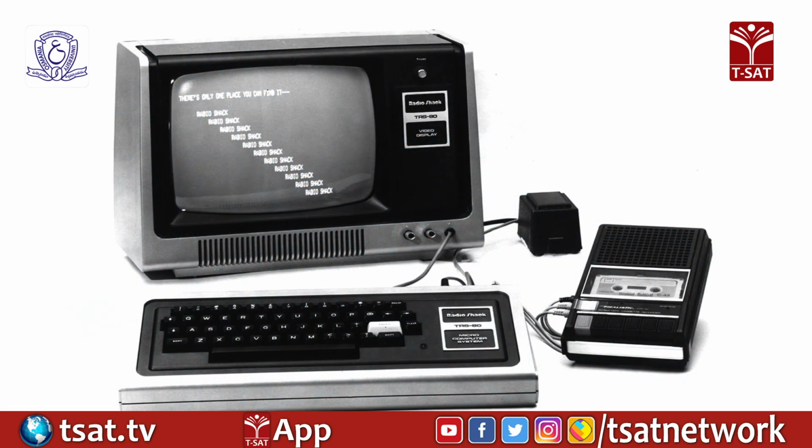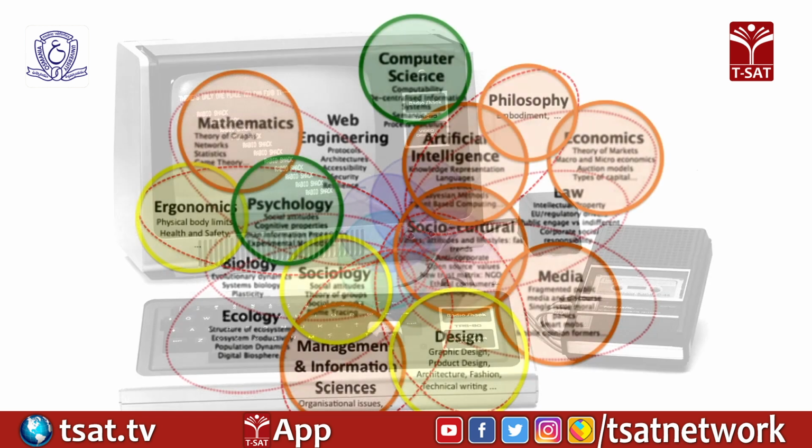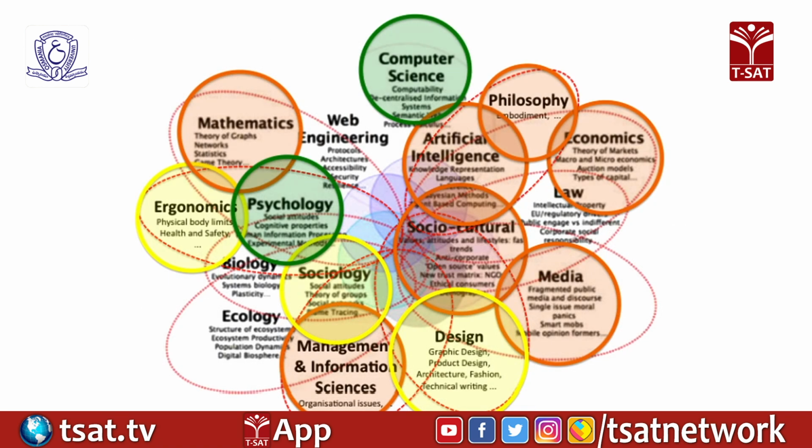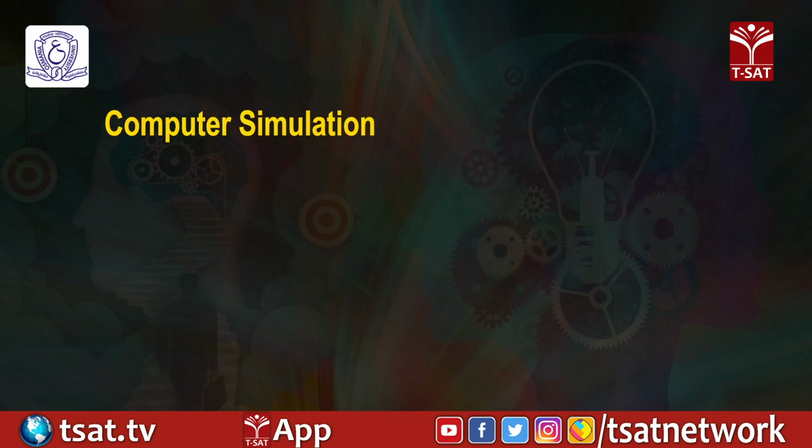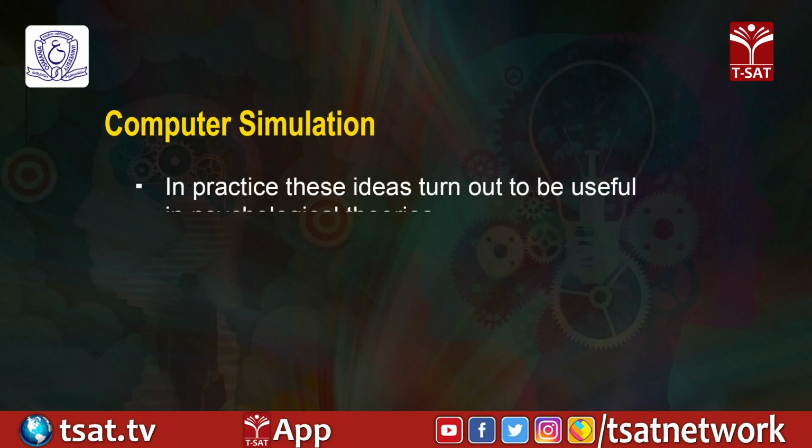In devising computer models, theorists often break new ground using information from other disciplines such as computer science. If, for example, cognitive psychologists have not clarified the types of representations people use, then they may turn to computer scientists to pick up ideas about representations. In practice, these ideas turn out to be useful in psychological theories.